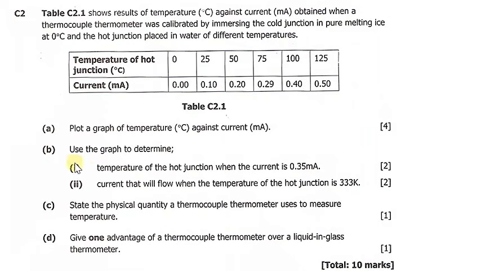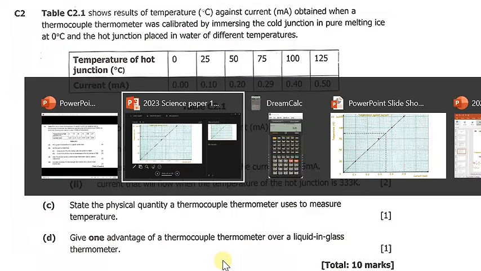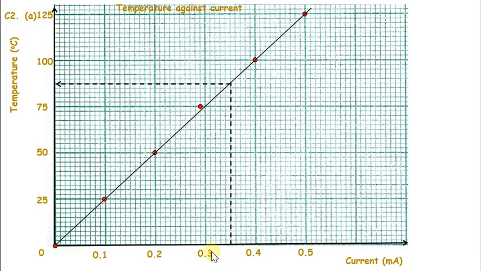Yeah, so B1, we are told using the graph determine 1, temperature of the hot junction when current is 0.35. Okay, that's where that other thing is coming from. So here current 0.35 is here. So I drew a line. I never animated them, I forgot, and then it landed on that one there.